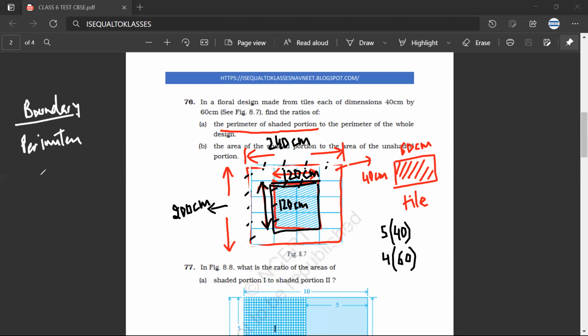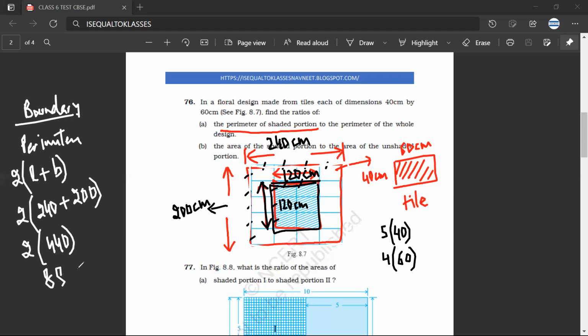So 880 centimeters. It would be twice of L plus B. It would be twice of 240 plus 200. It will be twice of 440. It will be 880 centimeter. Mr. Sarthak, is it correct? Yes, sir.